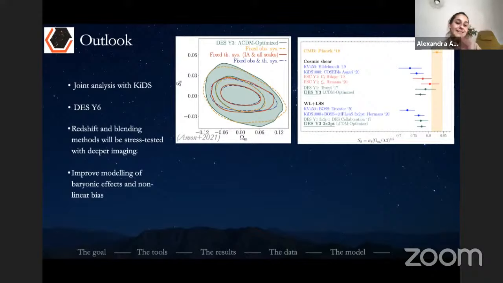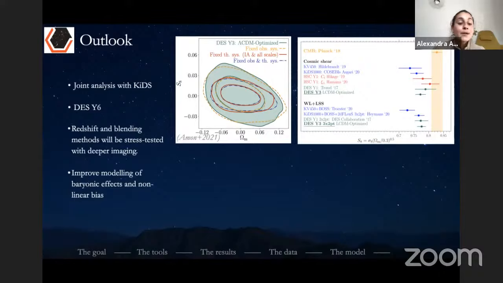And I added this plot here, the omega matter sigma 8 contours, where in my cosmic shear paper, I was looking at what was limiting the precision of cosmic shear. So could you get more out of the same data? What do you need to improve to maximize the information from your data? And what we found was that we're really limited by the theoretical systematics.